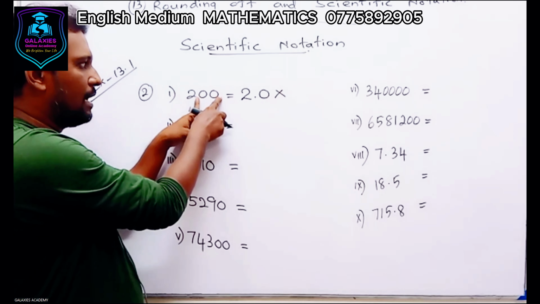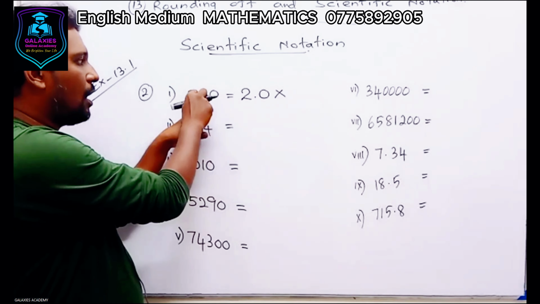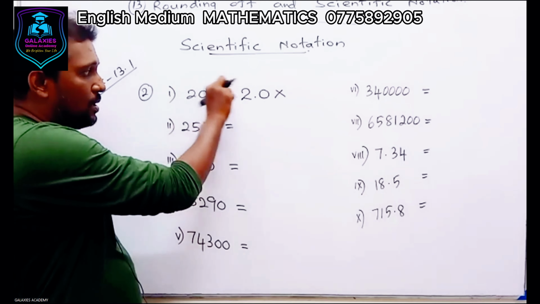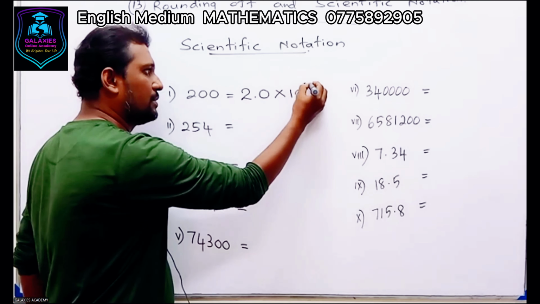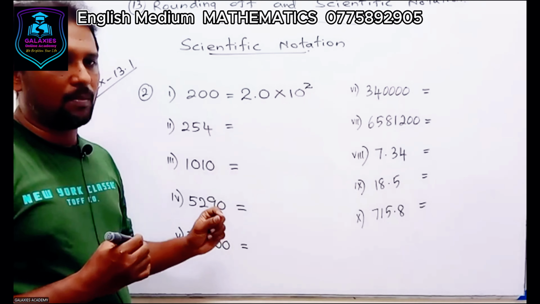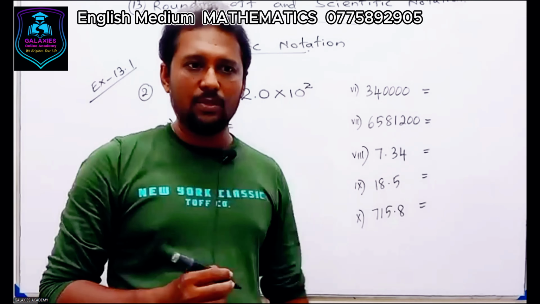So we can get the initial number. How many places do we have to move? 1, 2 places, positive direction. So the index of the power, 10 to the power 2. Right, 2.0 multiply 10 to the power 2. You can check your answers using a red color pen.